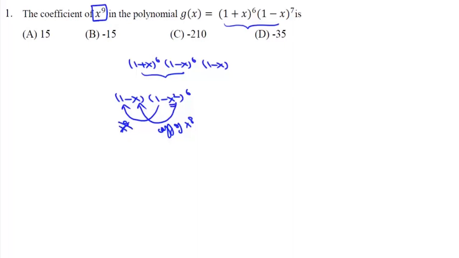So the only way we can have the coefficient of x to the power 9 is when we multiply this minus x with x to the power 8 from the second expression. So its coefficient will be minus 1 into, now in this expression we need to find the coefficient of x to the power 8, and that will be 6c4 and then minus 1 to the power 4. Now this is minus and it is 6c4, and 6c4 is 15. So the answer to this first question is option B.